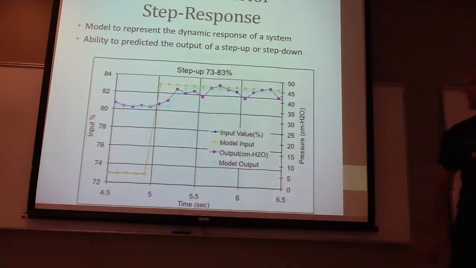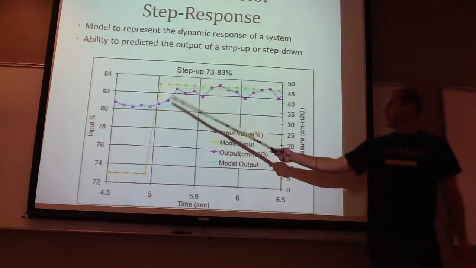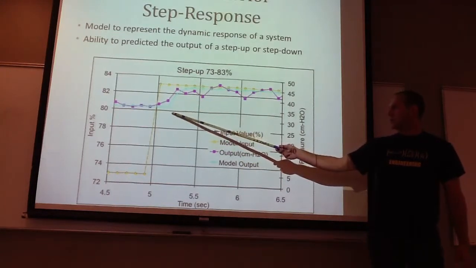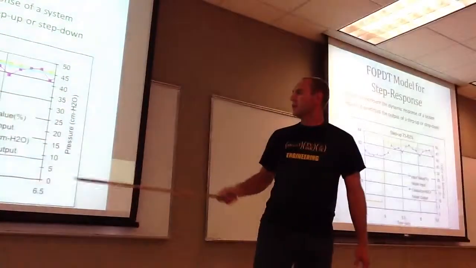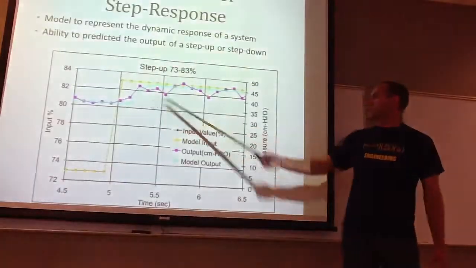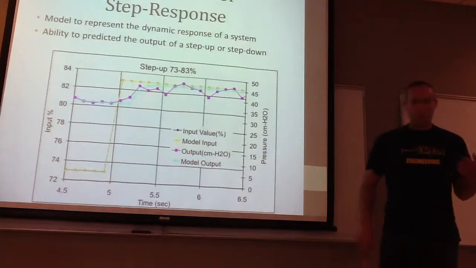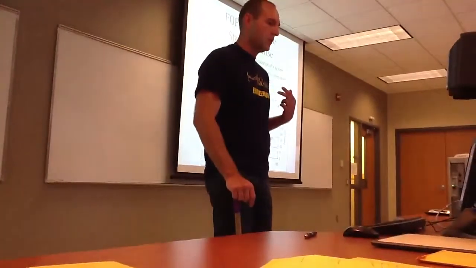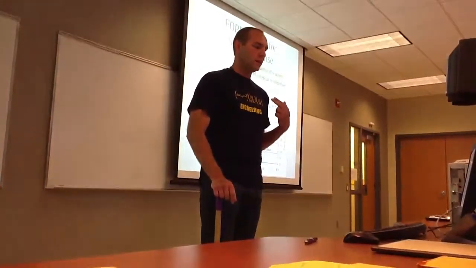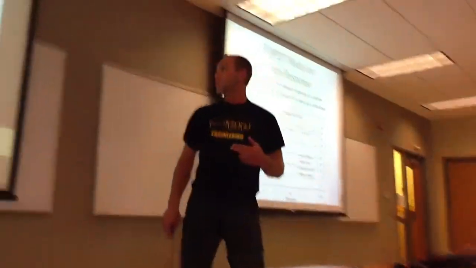The model was set up so that you could input a desired start range. If you know you were going to start, say, at 73%, you input that and you can start it at that percentage. You put in the initial start percentage, and the step which you want to model.